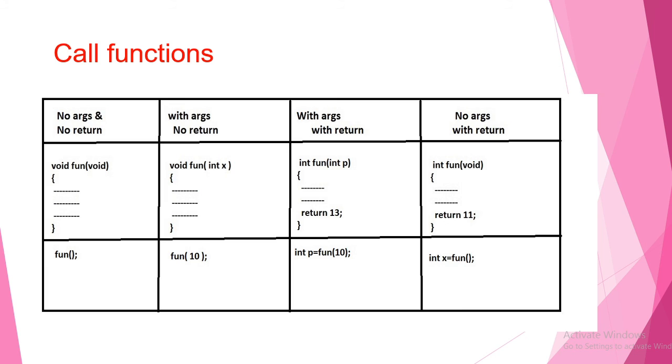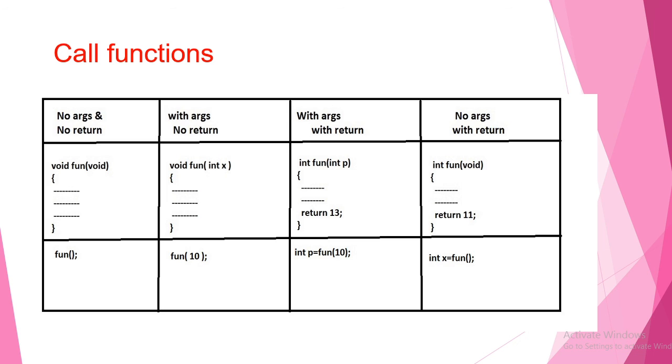And this 10 will go and be saved in x, meaning integer x is equal to 10. Whenever we call this function with 10 in the bracket, 10 is allocated to x.